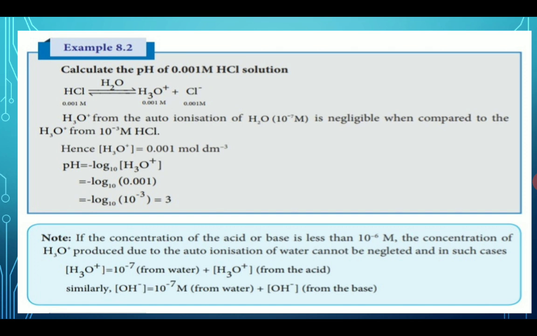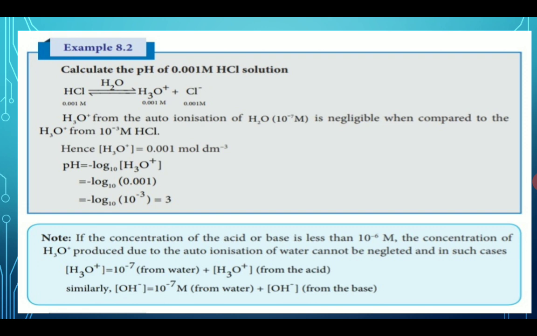Hydronium ion from the auto ionization of H2O, 10 power minus 7 molality, is negligible when compared to the H3O plus from 10 power minus 3 molality of HCl. So hence H3O plus is equal to, it's given in the sum itself, 0.001 mole per dm cube.